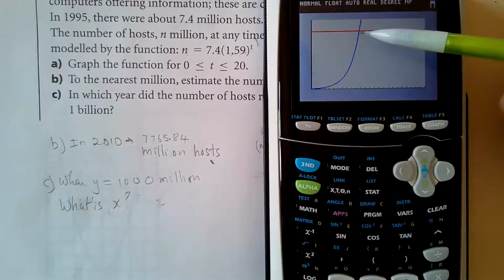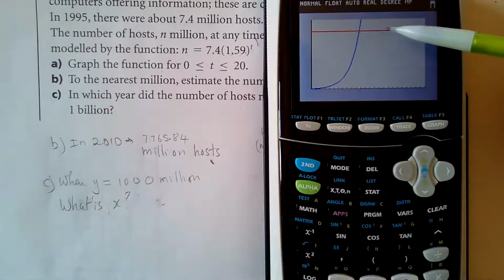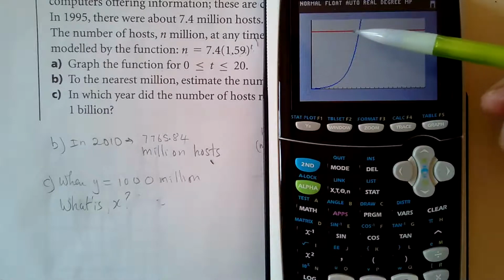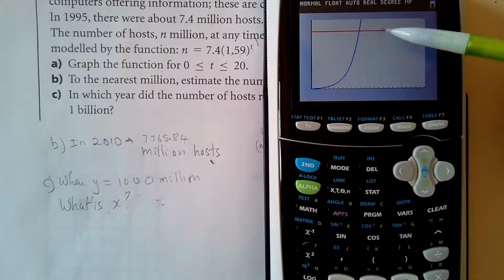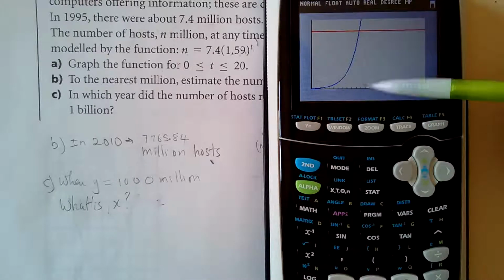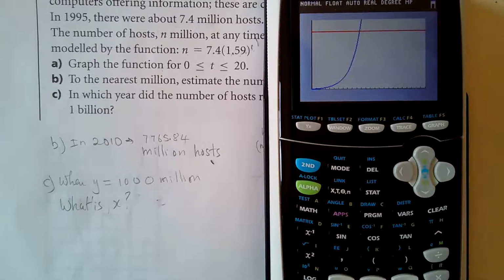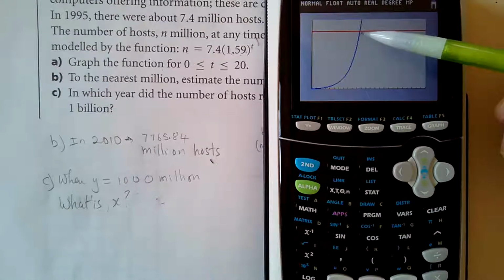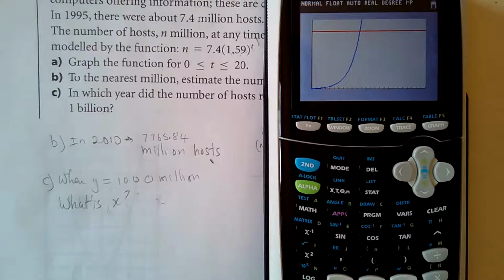So at this point here, this line represents y at 1,000. So I need to find the corresponding value of x here. To do that, I'll find where this line intersects our function.